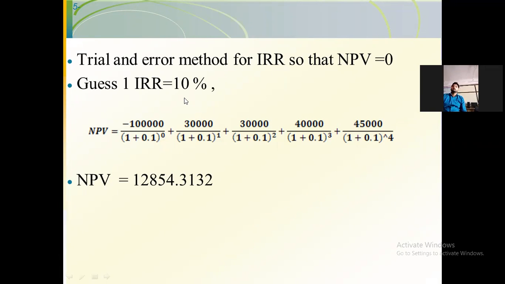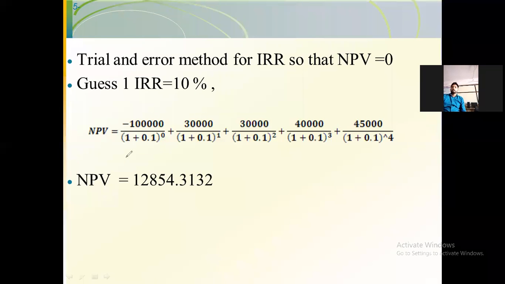Here I have considered 10%, so actually it will be 10 divided by 100, which is equal to 0.1. Put the guessed internal rate of return value in this formula.